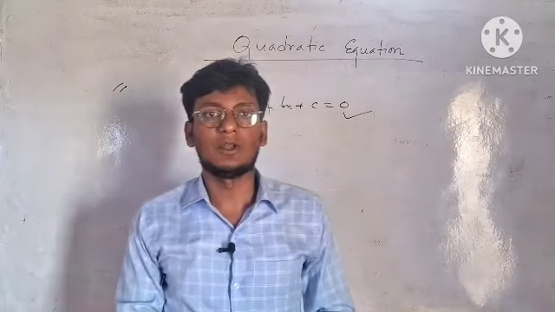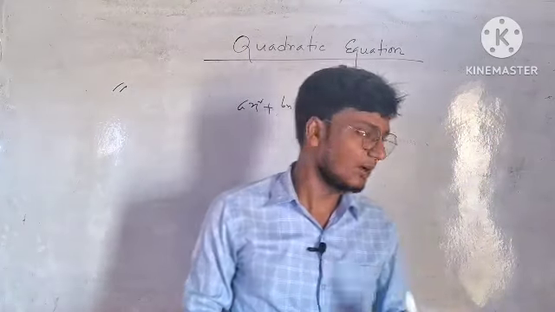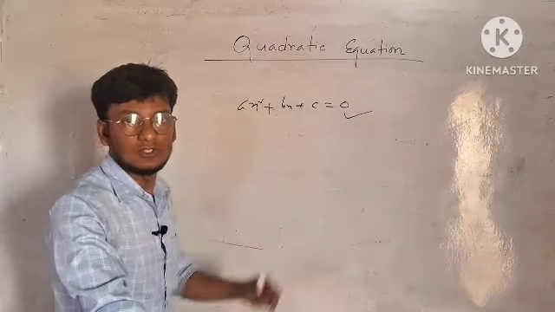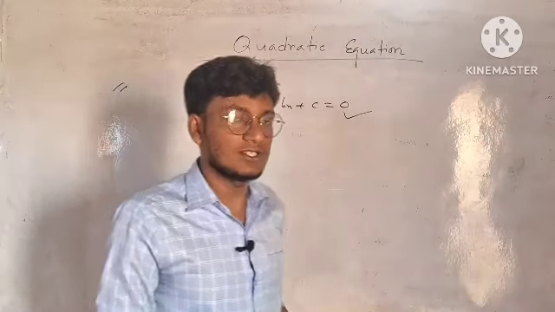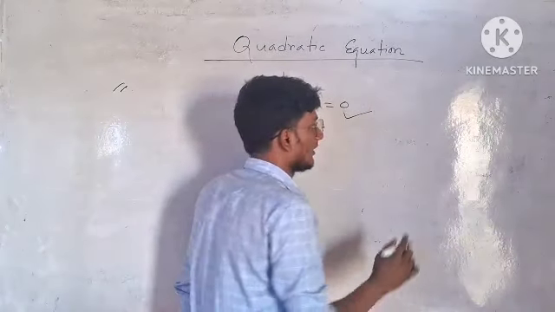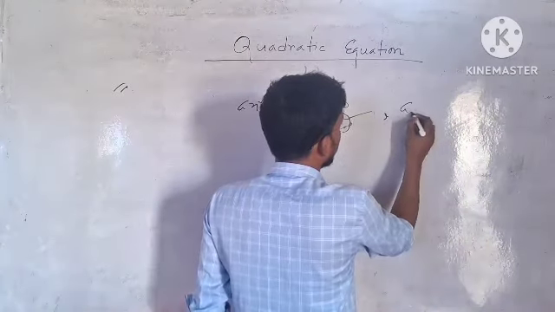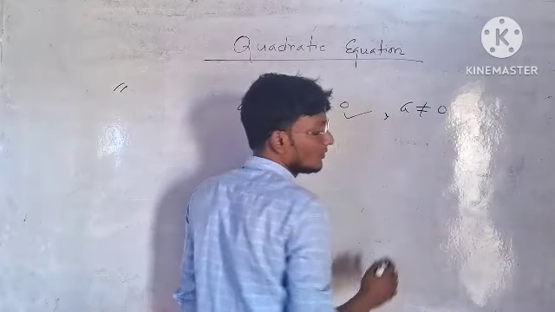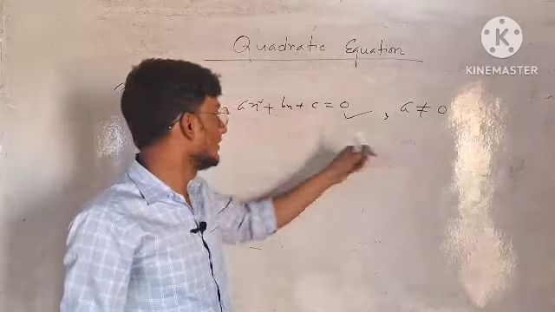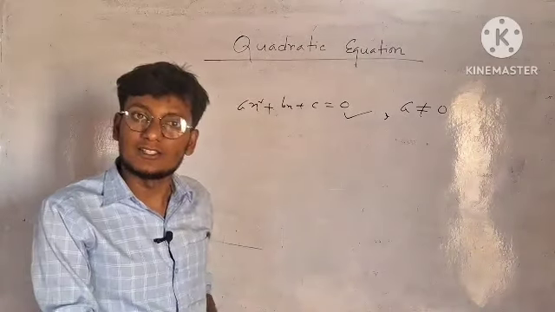If you are able to express any equation in the form of ax square plus bx plus c equal to 0, then we will say this equation is a quadratic equation. Also we have to mention one condition, that is a not equal to 0. Always a not equal to 0. If a is equal to 0, then quadratic equation does not exist.